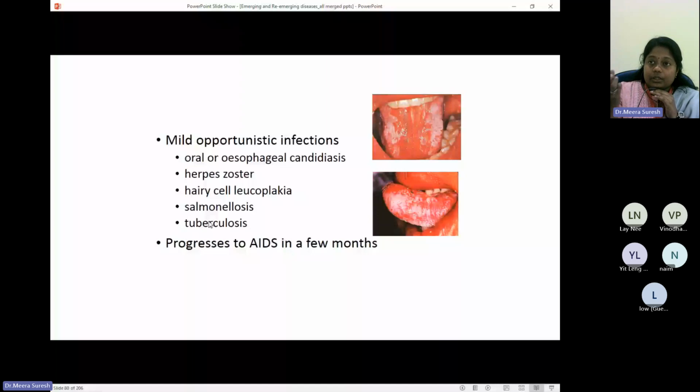So in most people, the TB bacteria remain in an inactive or latent stage. Only when immunosuppression happens, or some other factors favor it, the TB bacterium gets activated and produces the symptoms.